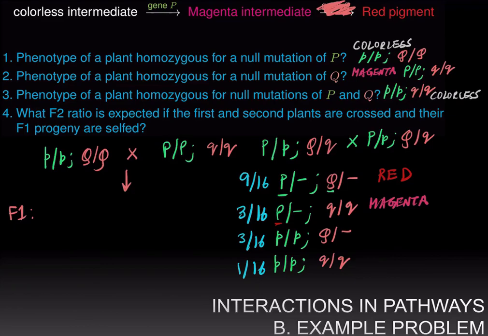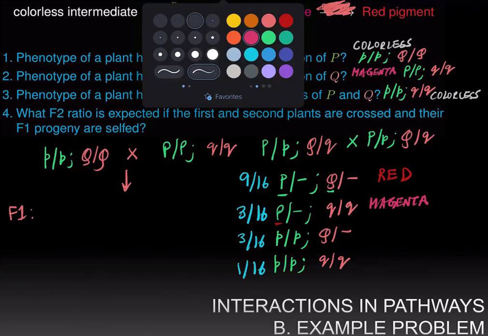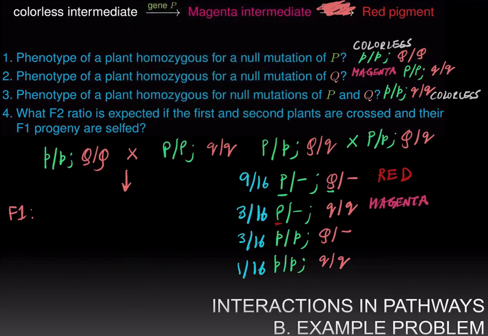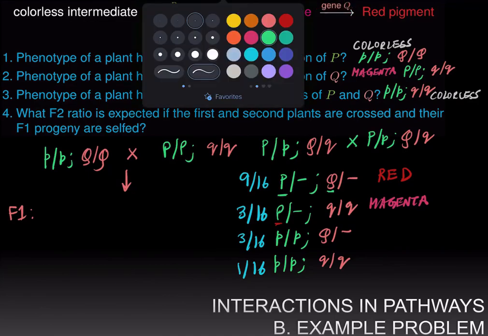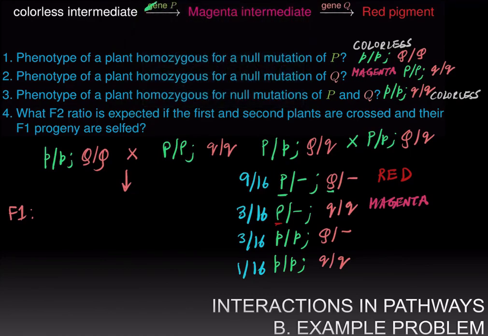The third individual is little p over little p. So they'd have no alleles that make the enzyme that converts the colorless intermediate into the magenta intermediate. So they are going to not be able to convert the colorless intermediate into the magenta intermediate.